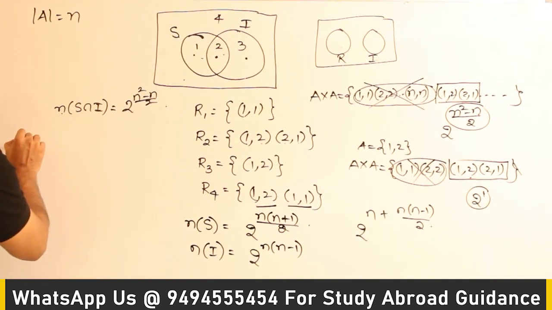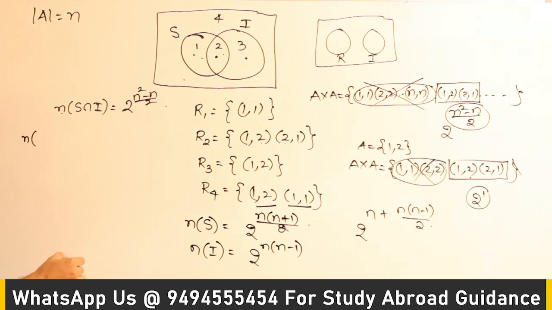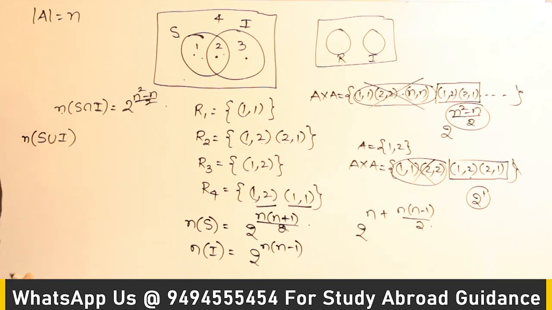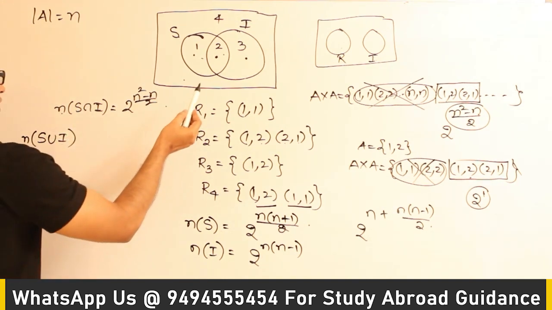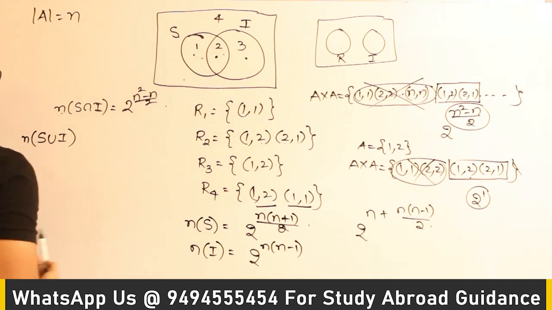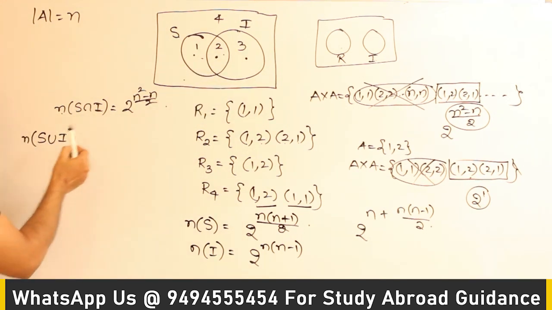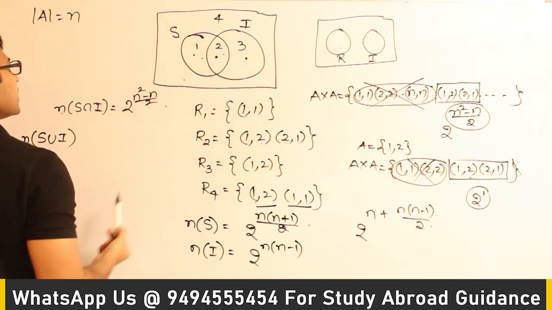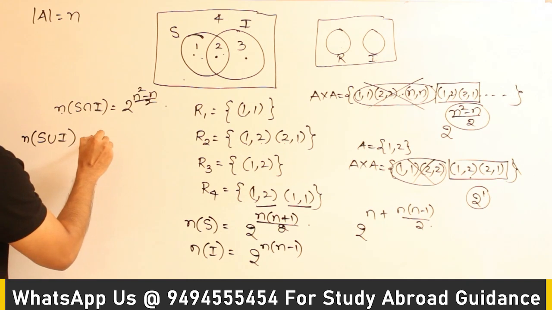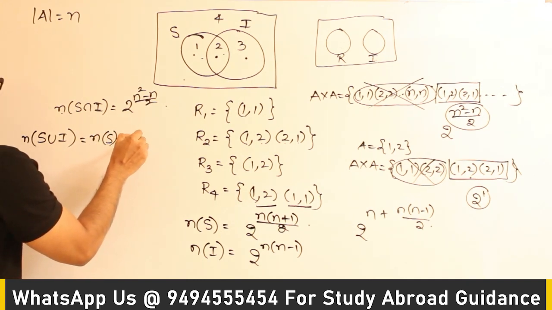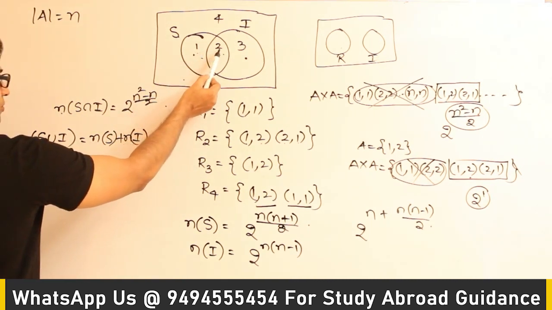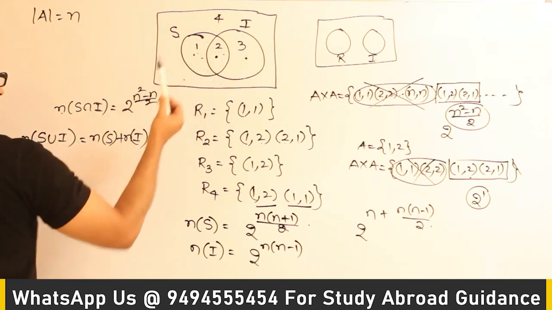One kind of question is, what is the total number of relations which are either symmetric or irreflexive, which means they are asking about S union I. So n of (S union I) equals n of S plus n of I. When I write n of S plus n of I, it is nothing but 1, 2 plus 2, 3, which means 2 is added 2 times.